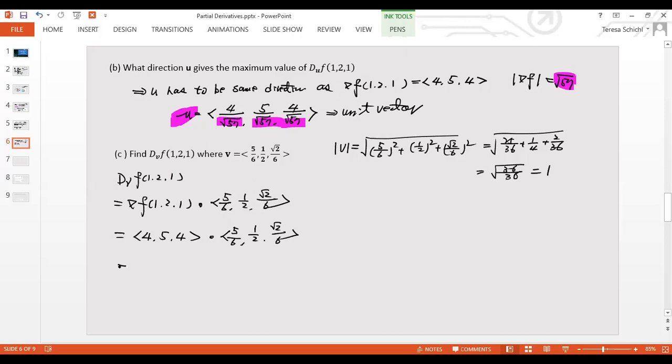If you multiply that out, this will give you 35/6 plus 4 square root of 2 over 6. So this will be the rate of change when you go along a different path v here. Of course, we know that the largest rate of change is the square root of 57, so this value is definitely less than the square root of 57.